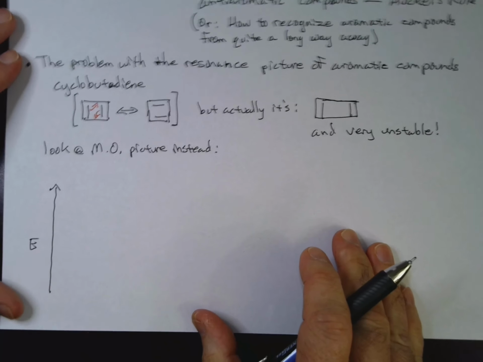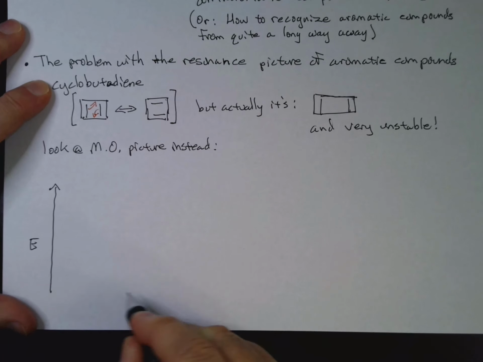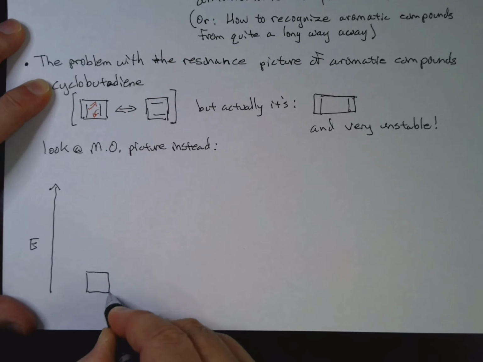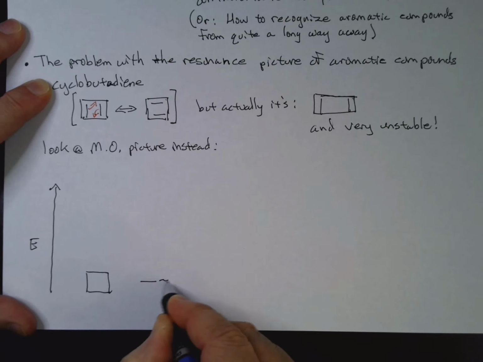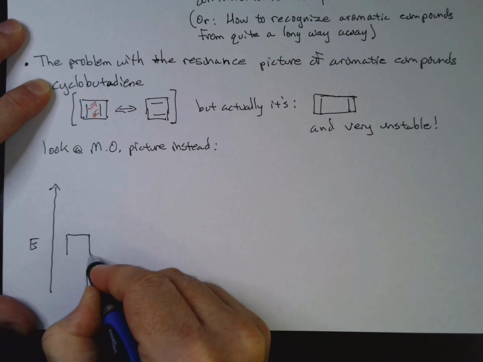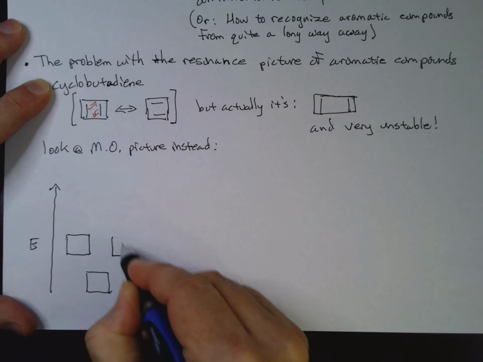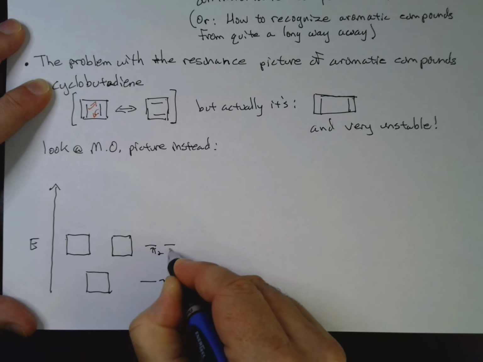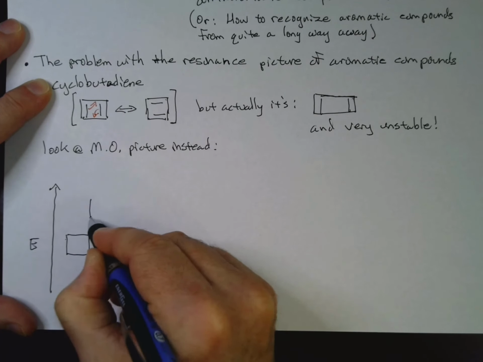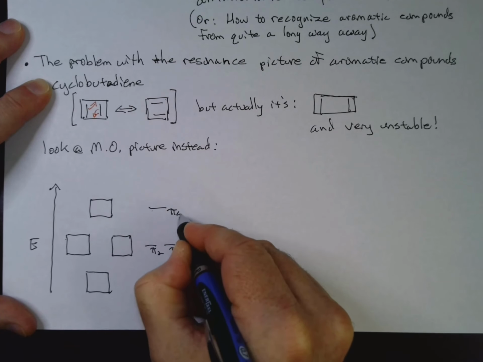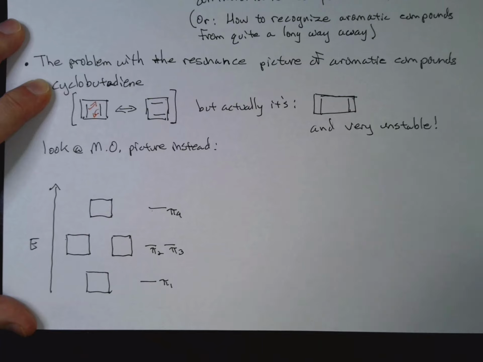Now, we have 4 pi electrons, so we should have 4 molecular orbitals: pi 1, pi 2, pi 3, pi 4.